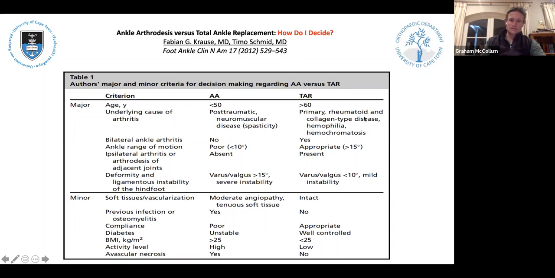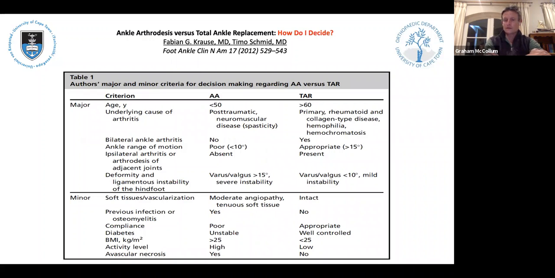When it comes to deciding on whether to do an ankle replacement or a fusion, the criteria I look at are four things. One, age. I think it's pointless putting it in a 20 or 30-year-old. You're going to be looking at a huge bone void and possibly an amputation after the second or third revision in time.